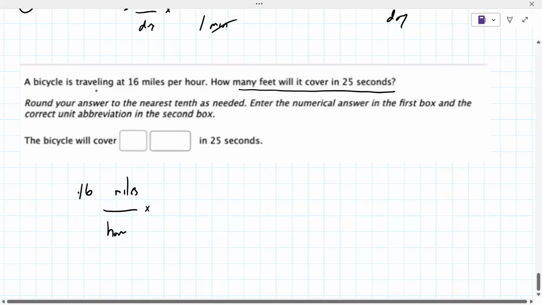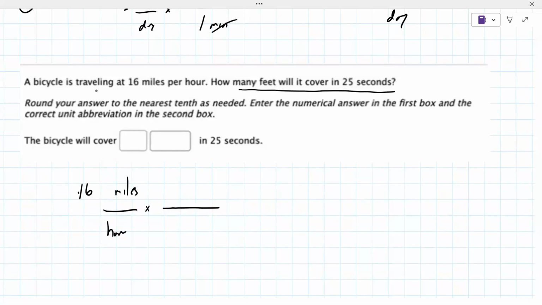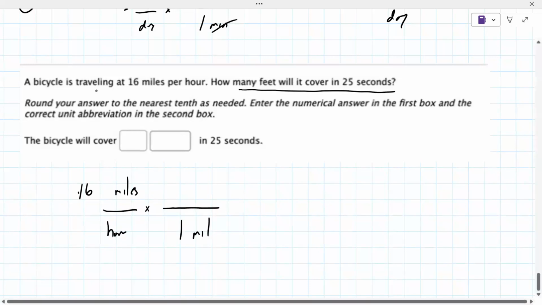So first thing to do is to convert from miles to feet. In 1 mile, there are 5,280 feet, and that's per hour.